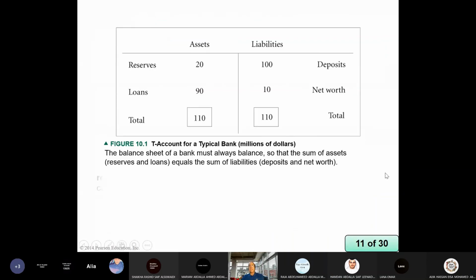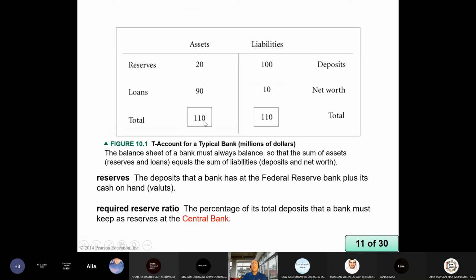This is a very simple balance sheet for a commercial bank. Assets always equal liabilities. What are the important items in assets? Reserve, cash in their boxes and deposits at the central bank, plus loans given to others.